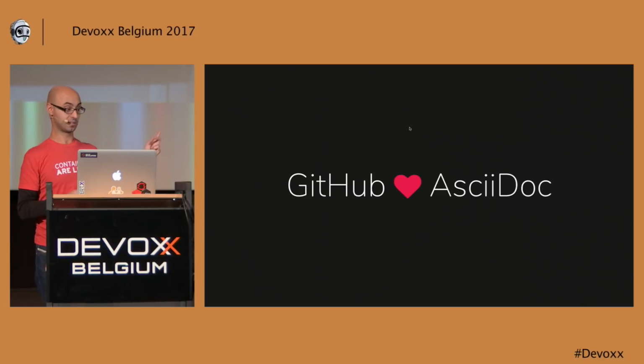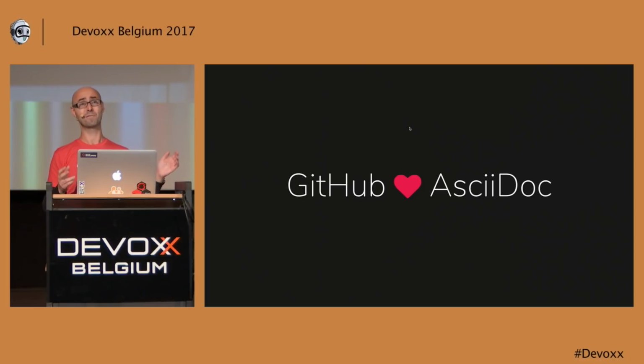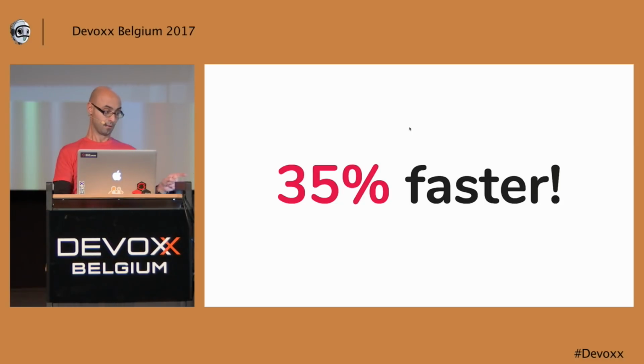The good thing is that GitHub loves AsciiDoc, so they always provide support for the latest AsciiDoc and Asciidoctor engine. And by 2013, more than 5 million repositories could use AsciiDoc for writing their own documentation.